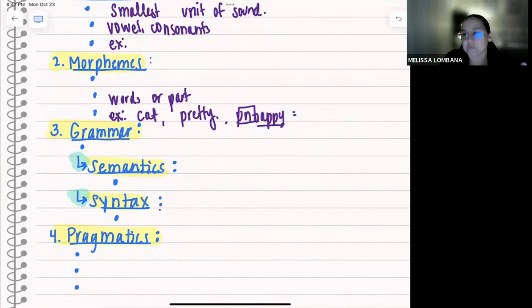So this is pragmatics. So you know how to greet, when to greet informally or formally, the back and forth of conversation, when to stop, when to interrupt, when is it okay to ask a question, right? So that's pragmatics.